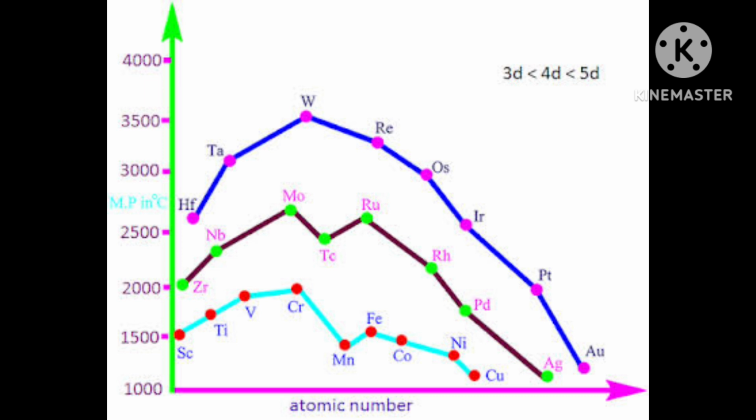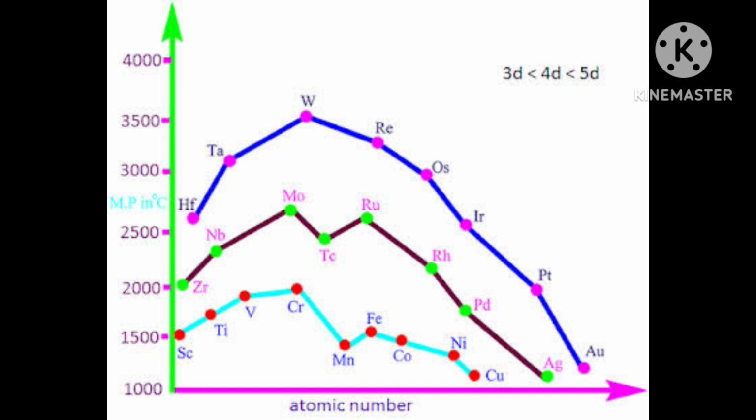Then what will happen here? All electrons will go to the 4f, and the same thing will happen. That is, the shielding effect will not be proper and the nucleus will attract. Then size will decrease.